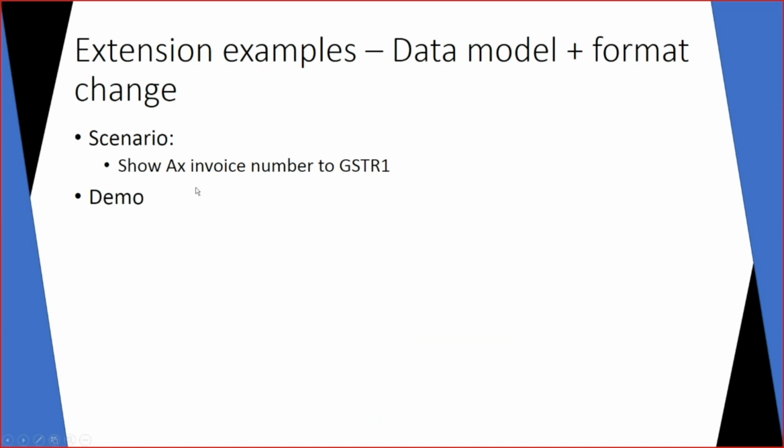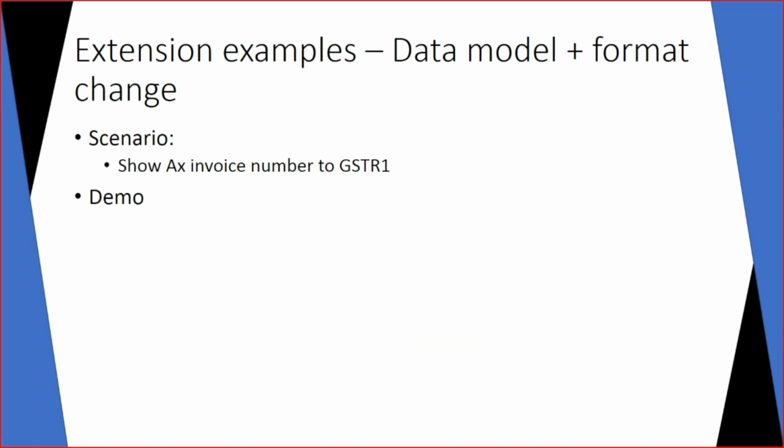This is a requirement that is requested a lot from our market as well. Currently, the Microsoft-provided configuration shows only the GST transaction ID, the number sequence, on the report, while customers would like to see the invoice number generated by AX in the GSTR report as well.